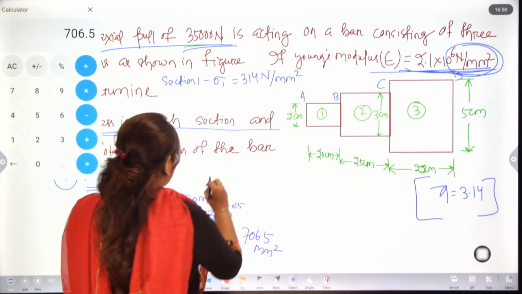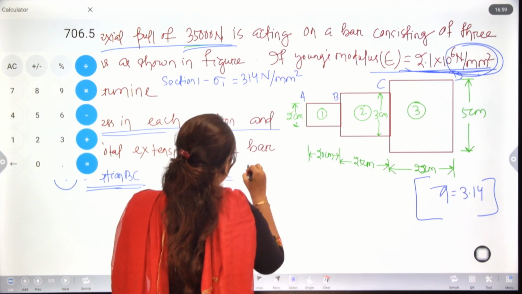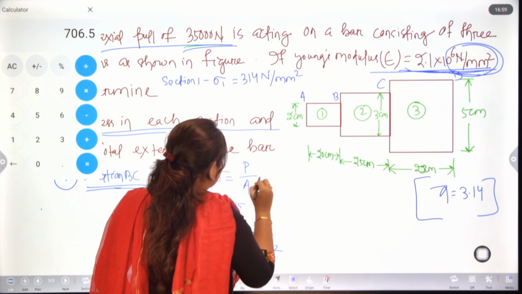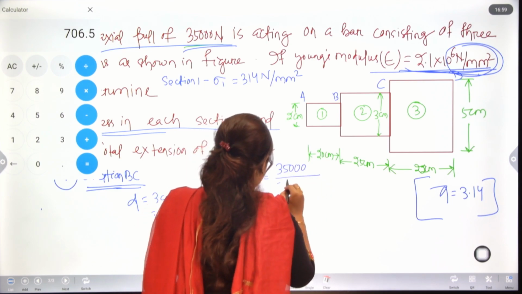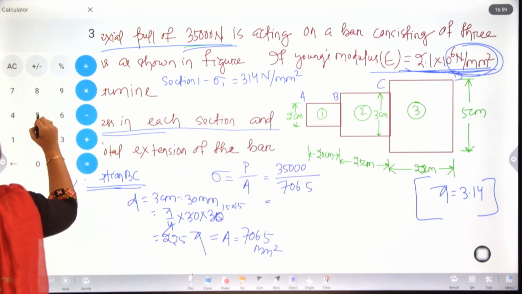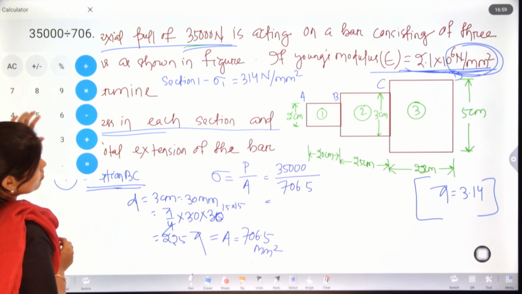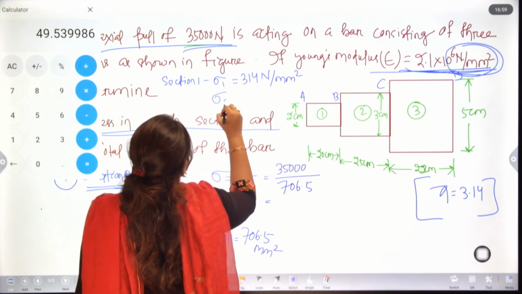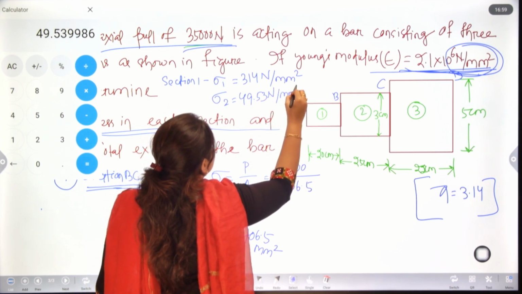We got the area value and we already have P. So your stress will become P upon A. So your sigma 2 will become 49.53 Newton per mm square.